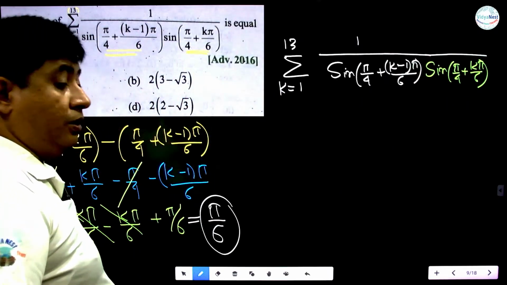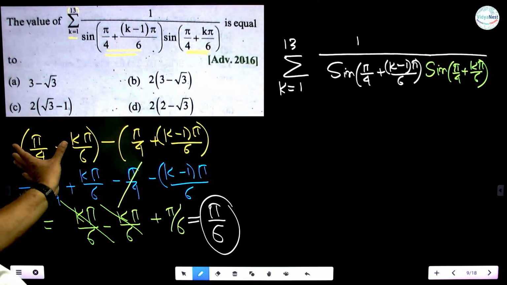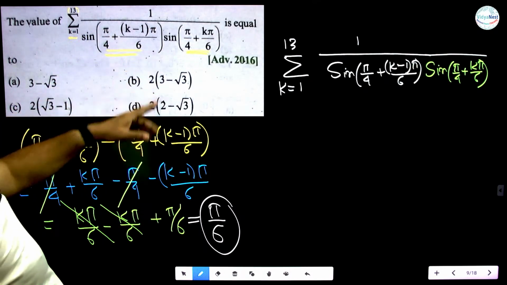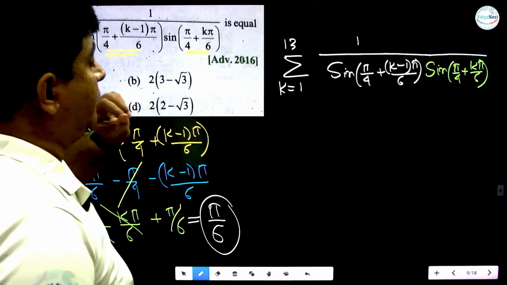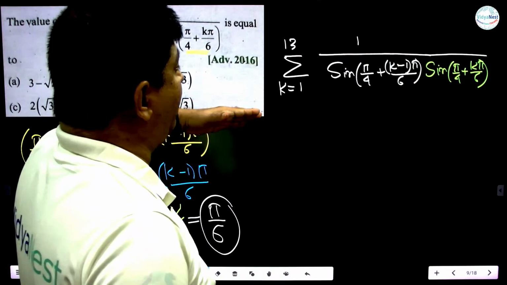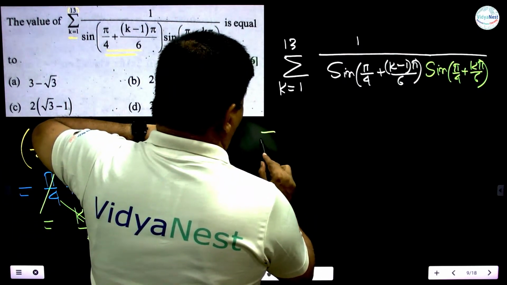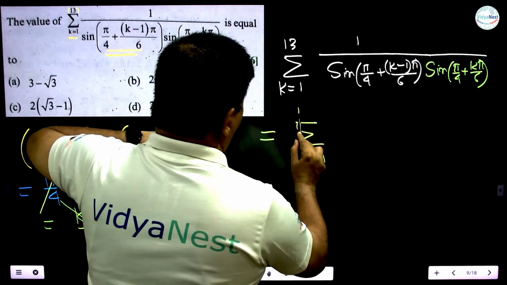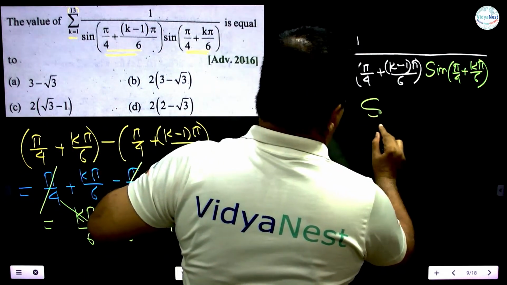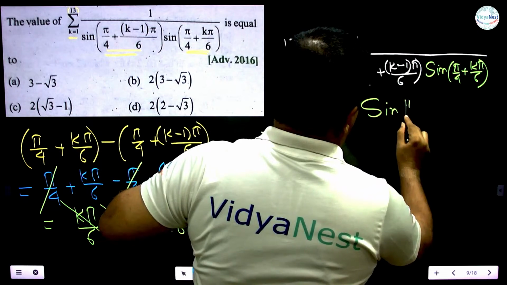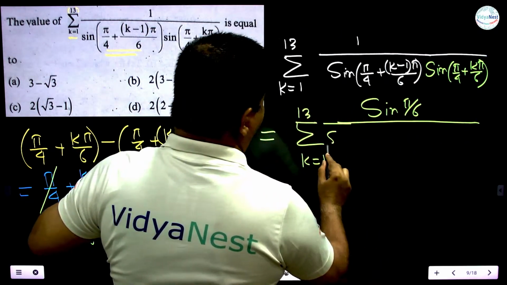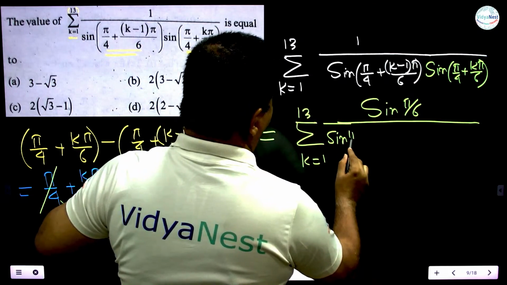Now what we have observed, difference of the angle of this both the sine is pi by 6. So our step will be, we will introduce sine pi by 6 in numerator as well as denominator.